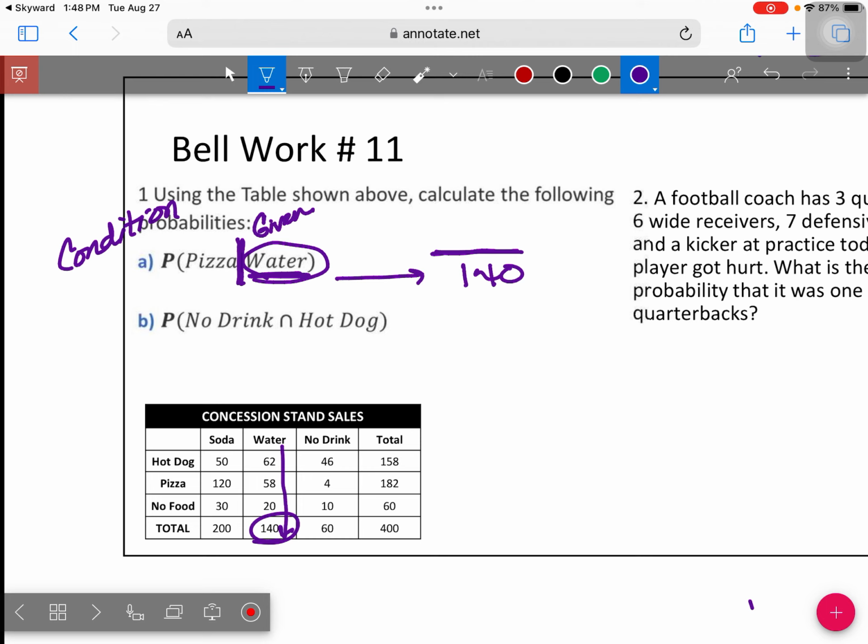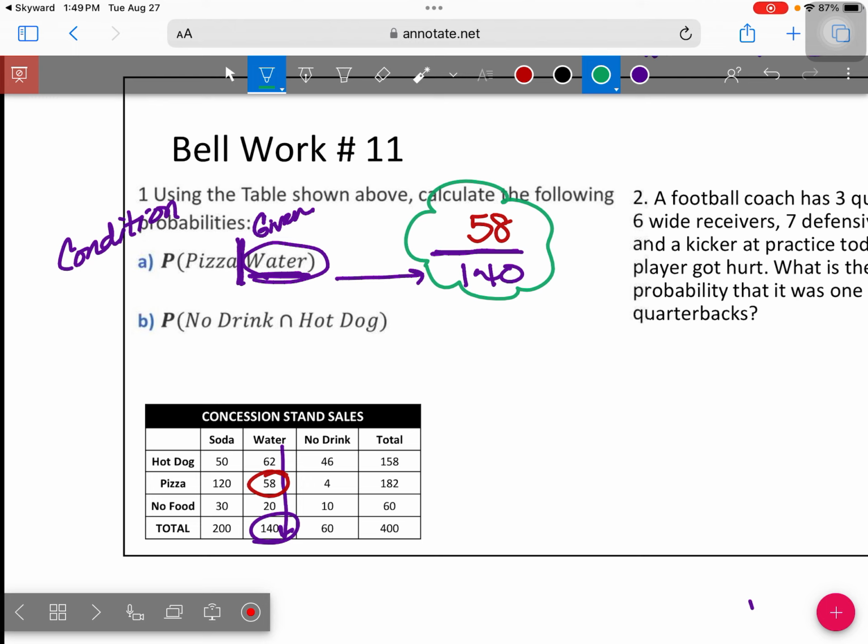Of those people in this column who chose water and got water, how many of them also got pizza? 58. So my number here is 58 out of 140. That is your probability. Did anybody happen to have that before I did?